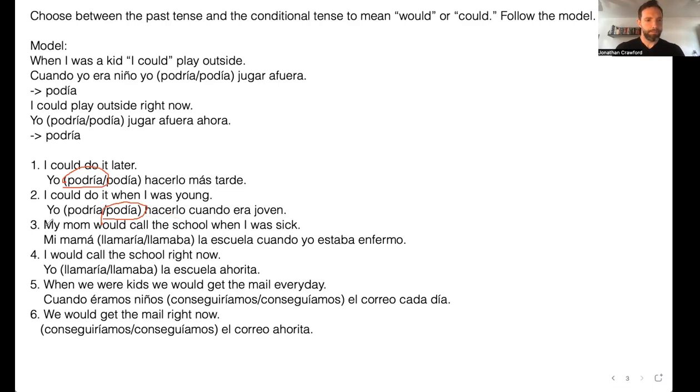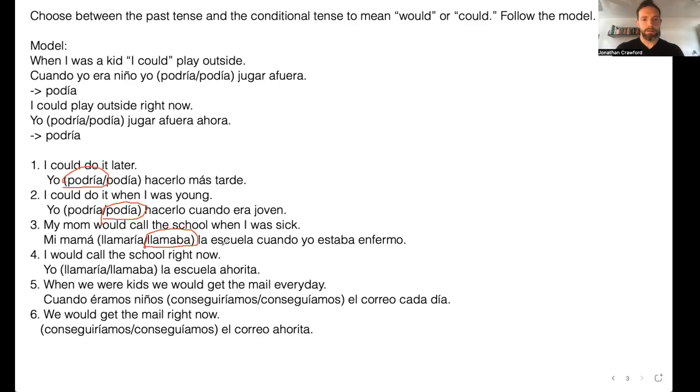All right. My mom would call the school when I was sick. It makes it sound like this is in the past. Mi mamá llamaría or llamaba la escuela cuando yo estaba enfermo. It's going to be llamaba because it's in the past.